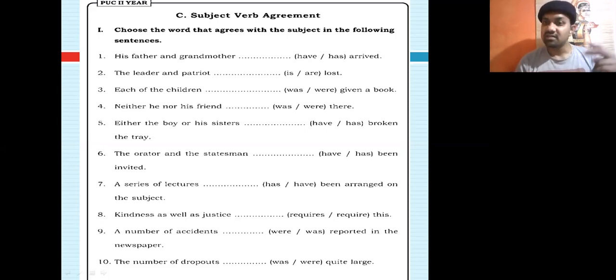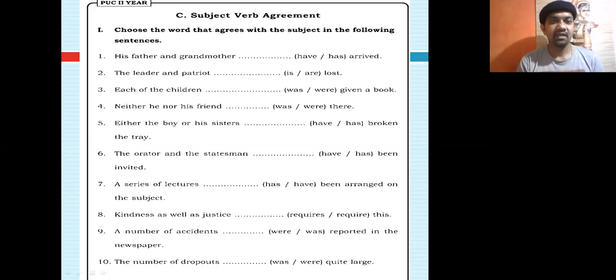Okay. Second one. The leader and the patriot is lost, not are lost. When we combine 2 subjects by using and, we make it a plural subject. That is what we learned through the rule. But why is it is here? Why is it a singular verb?